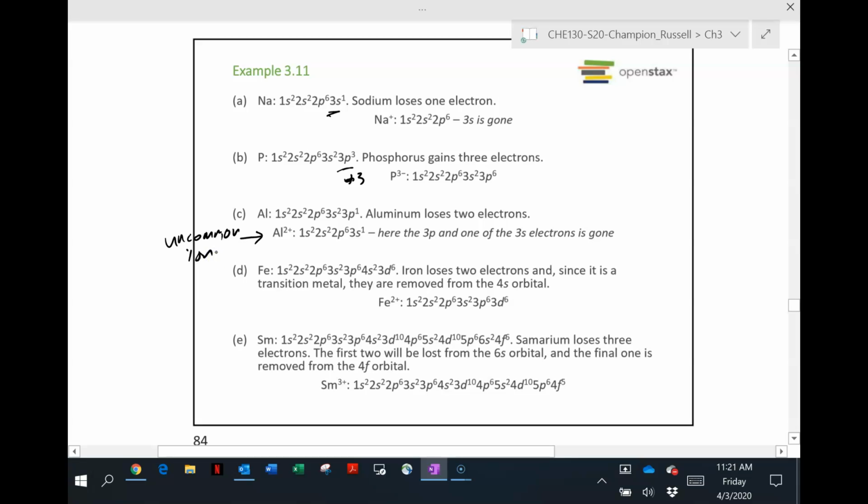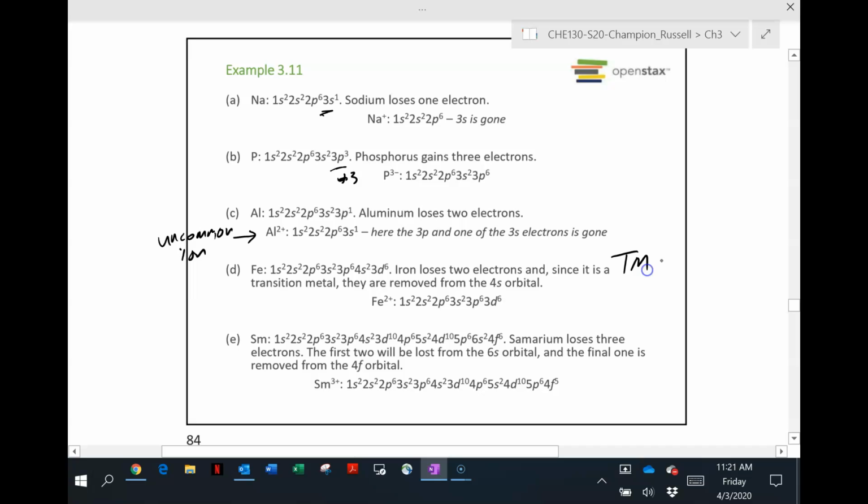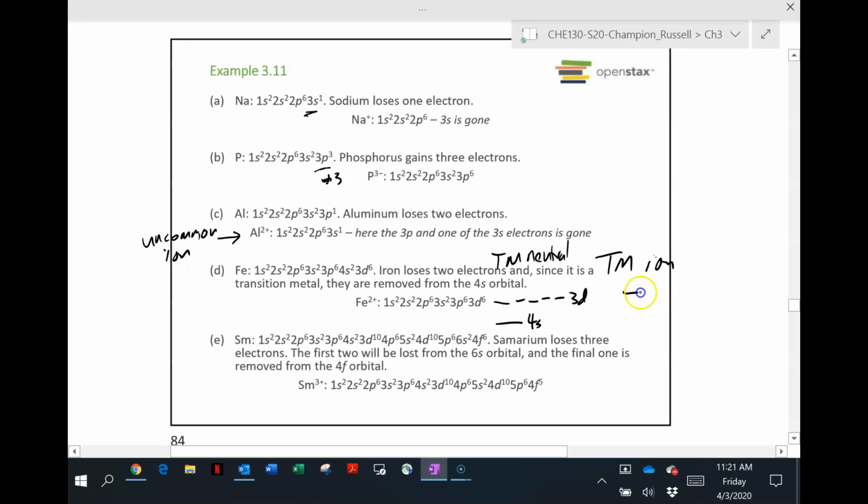If we're looking at iron 2 plus, we lose 2 electrons, and here's again one of the weird things that we might not do so much of in Chem 130: when we have a transition metal ion, TM, so if I have a TM neutral versus TM ion, the TM neutral says 4s 3d, but a transition metal ion, because the charge changes, is going to have the 4s higher and the 3ds lower, which might seem to you the way it ought to be.